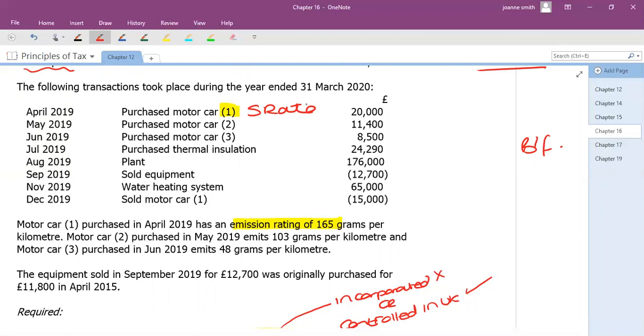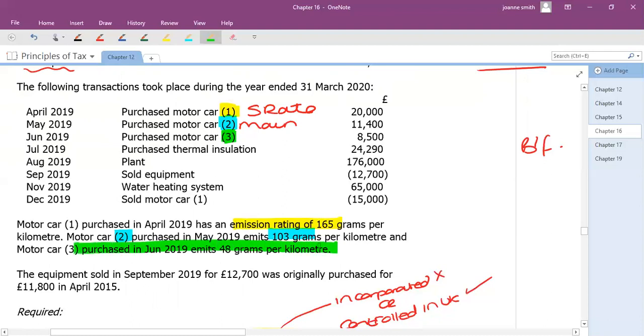We've also got a second car, which it says has got emissions of 103. So that's going to go into your main pool. And then we've got car number 3, which has got very low emissions. So I'm going to write next to that that it gets that allowance, that 100%, because it's environmentally friendly.